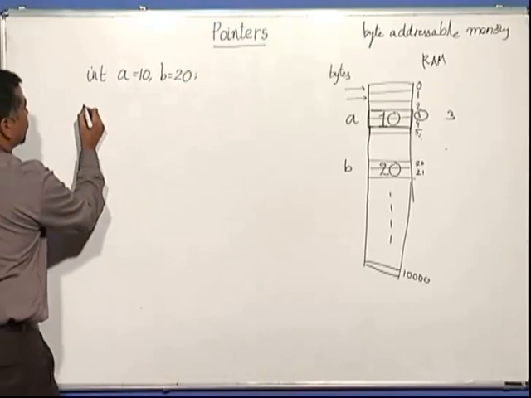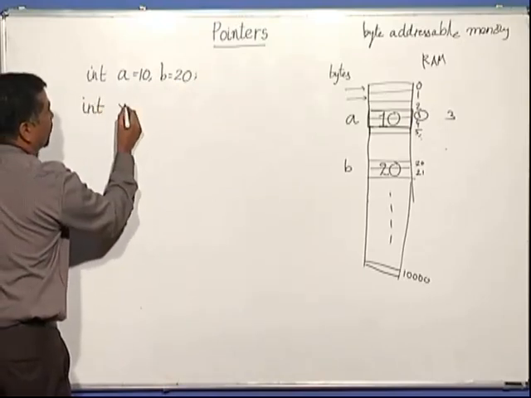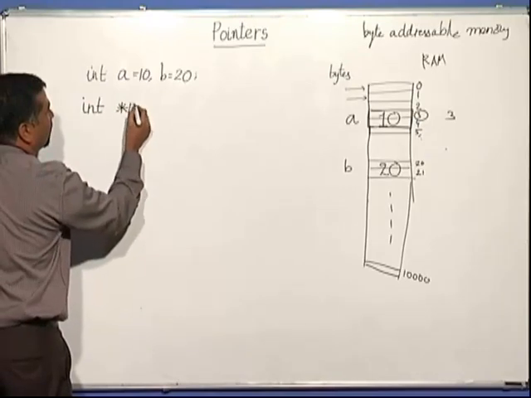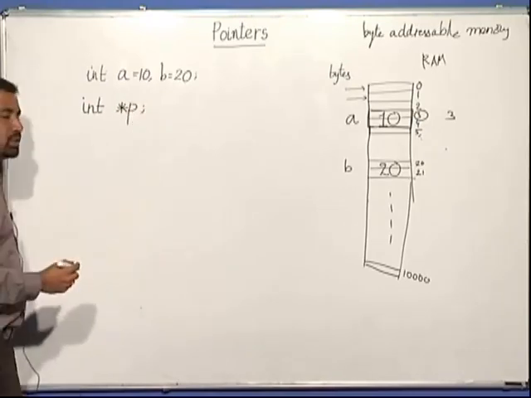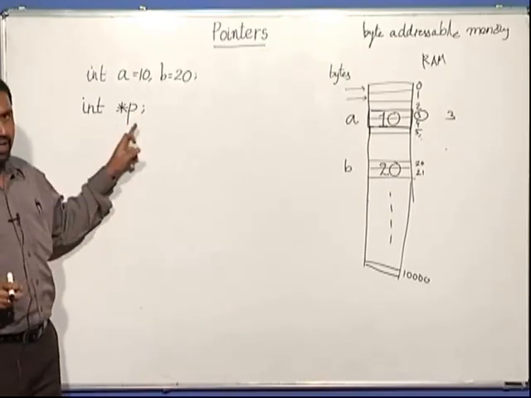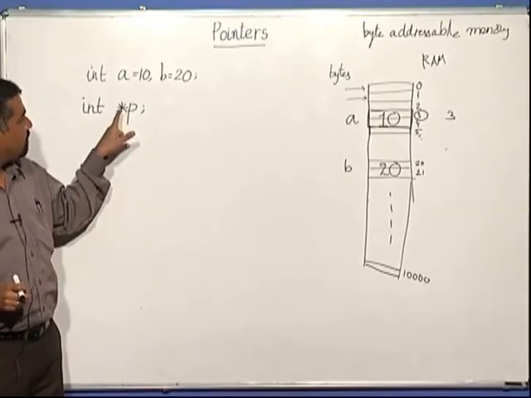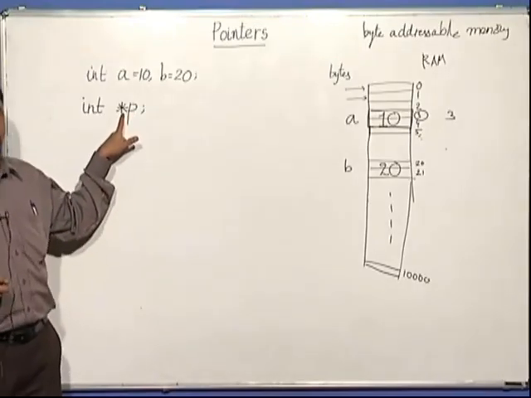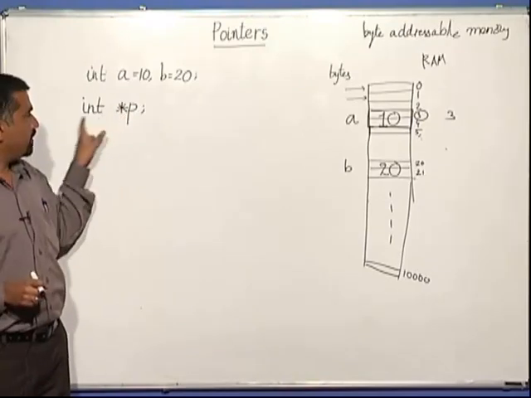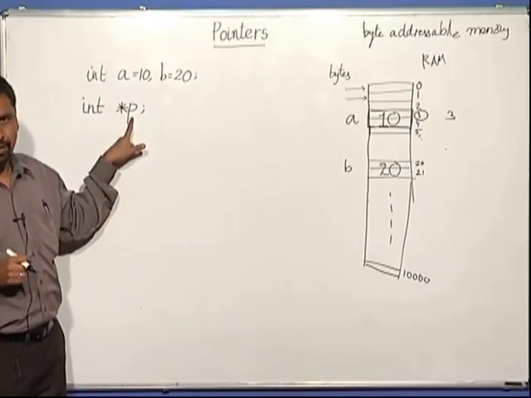Now, look at this declaration carefully. Look at the star here, P. So, this is how you declare a pointer. So, whenever you see a declaration like that, if I ask you what is P, P is a pointer. Star will always denote a pointer whenever it is declared like that. Star also is used for multiplication and other uses also.